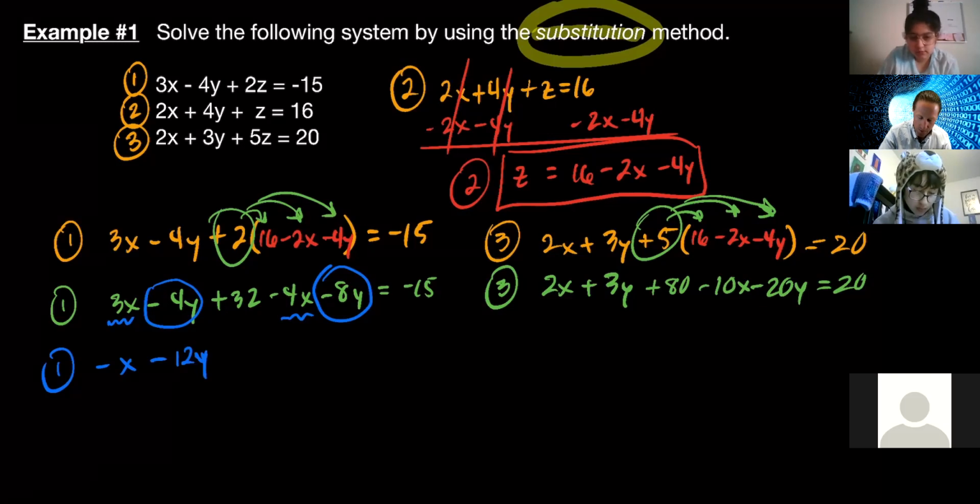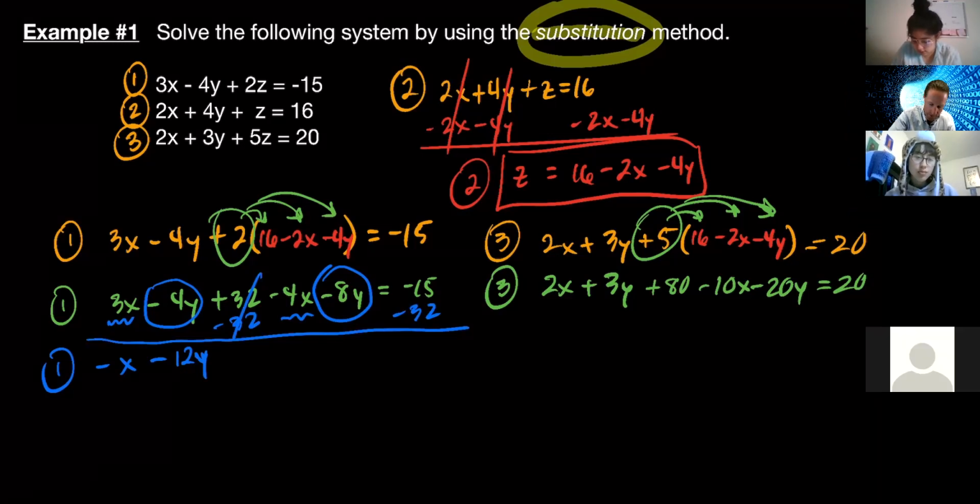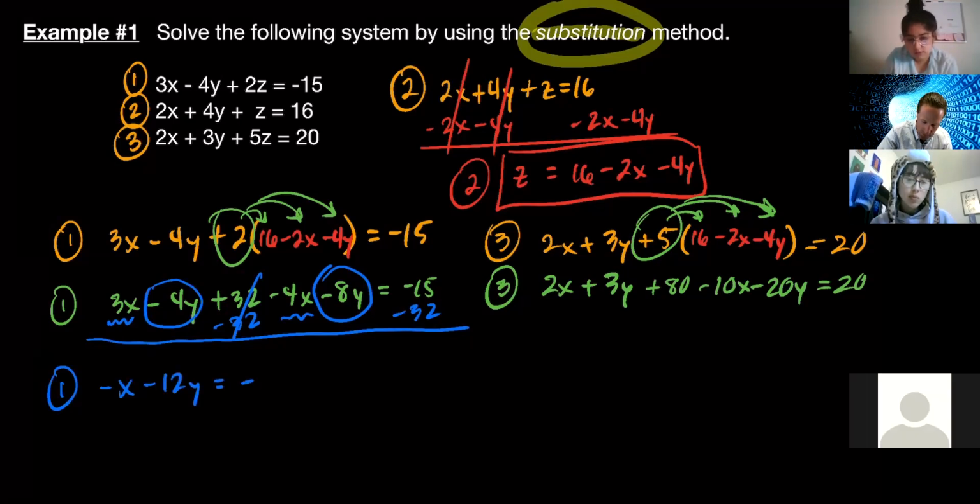And then I don't even want that 32 on this side, so I'm going to go ahead and subtract it over to the other to get that to cancel out. And so now I have my new equation 1, the negative x, negative 12y equals negative 47.